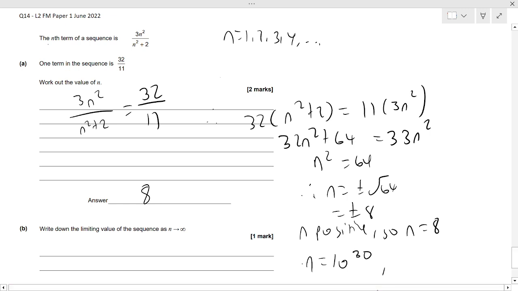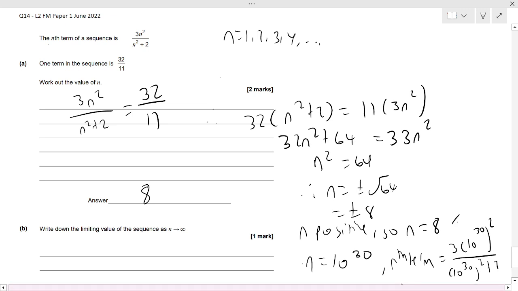So then, the nth term, with that in mind, is going to be 3 lots of 10 to the 30 squared over 10 to the 30 all squared, add 2. If you plug that in, you get 3.